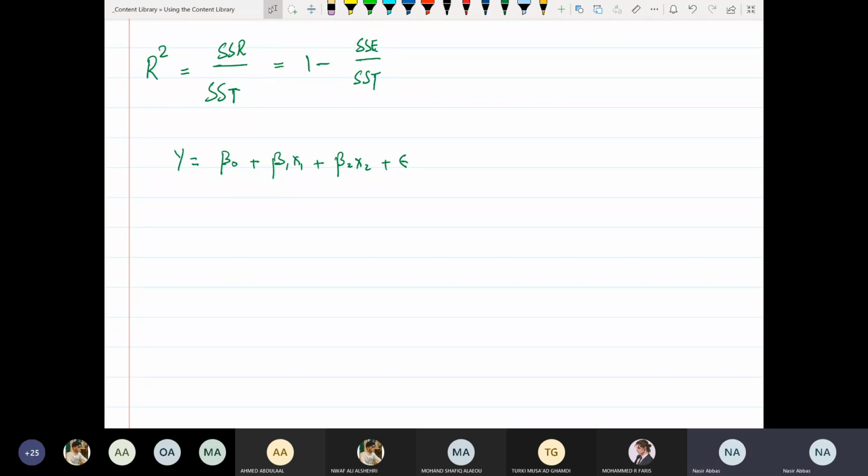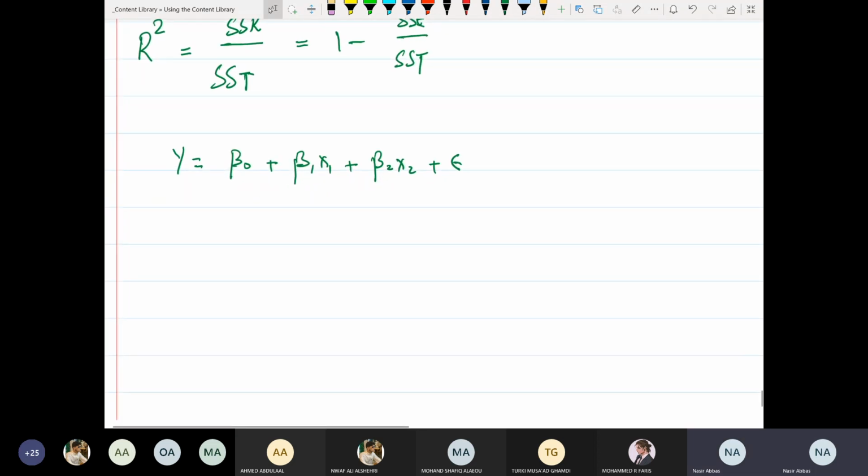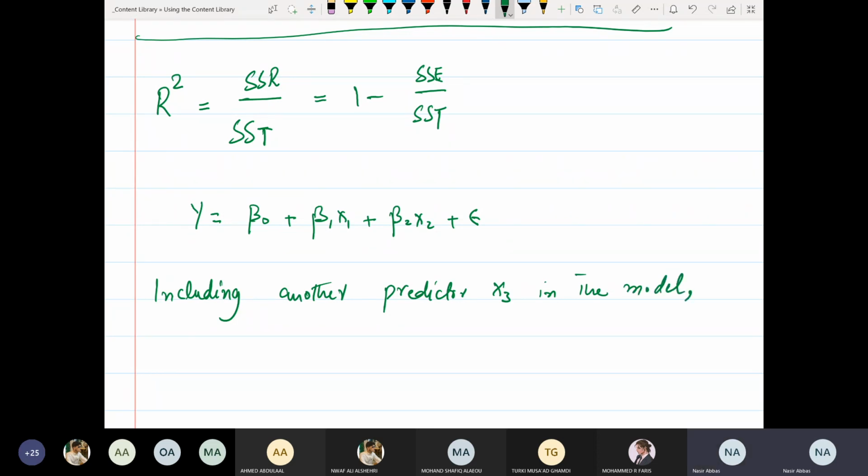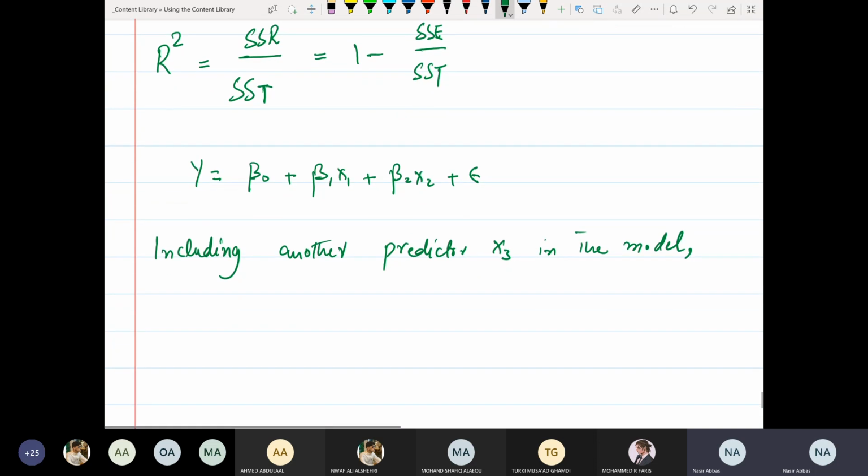When you include this third variable into the model, regardless if x3 is a relevant variable or an irrelevant variable, R square will always increase.